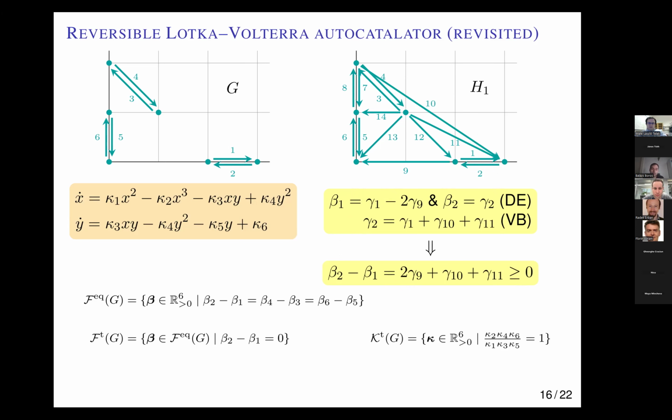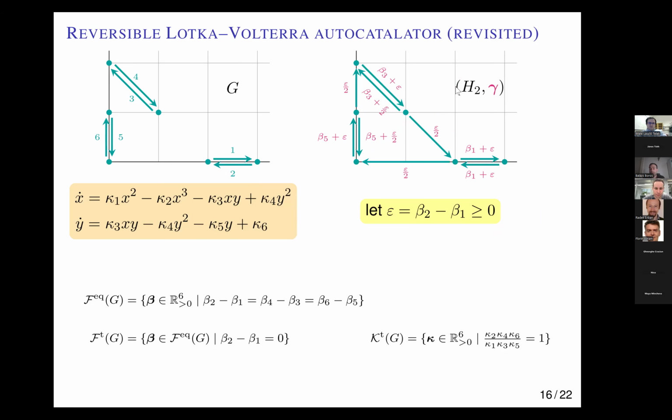This means if I want to find this guy's toric locus, then my only chance is that if beta 2 is larger than beta 1, the flux going back here must be larger, or at least larger or equal, than what goes in that direction. And this is the construction with this second auxiliary graph, H2, and my gammas are shown here in purple.